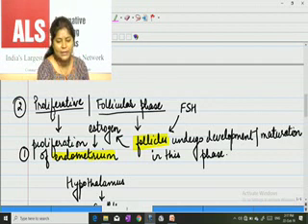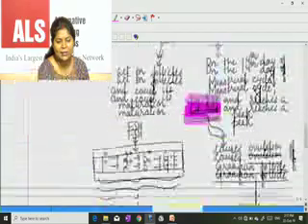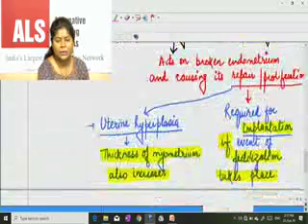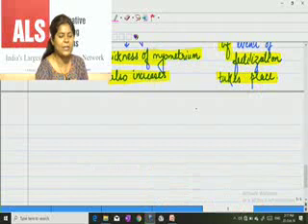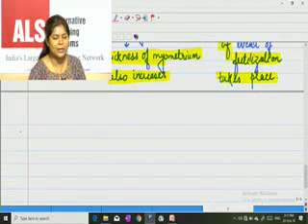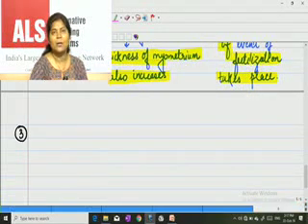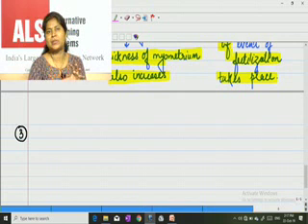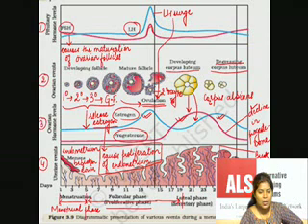Now, let's move ahead and see the next changes, what is going to happen. Now, the ovulation event takes place on the 14th day. The corpus luteum formation will take place 4 to 5 days after ovulation has occurred. See over here, ovulation we did on this day. Can you see this?